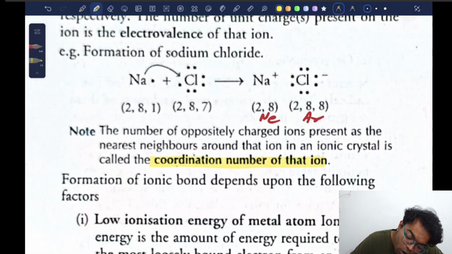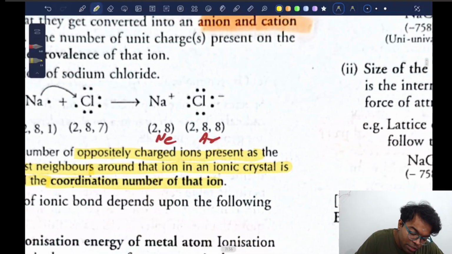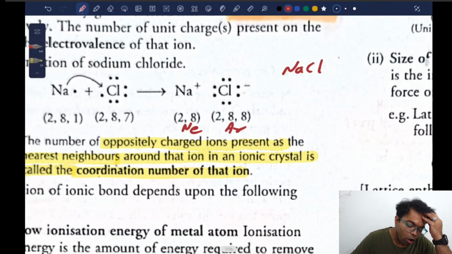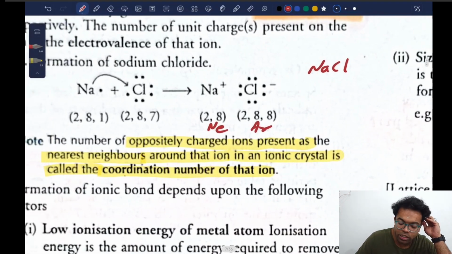Again, the number of oppositely charged ions present as the nearest neighbor around that ion in an ionic crystal is called the coordination number. For example, in sodium chloride, how many oppositely charged ions are present as the nearest neighbor around the ion in an ionic crystal?